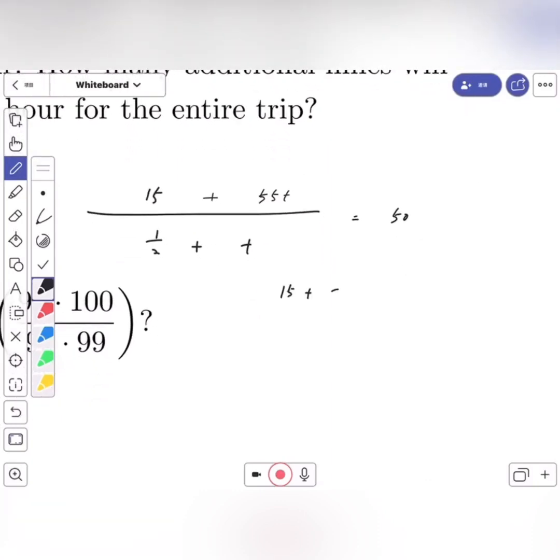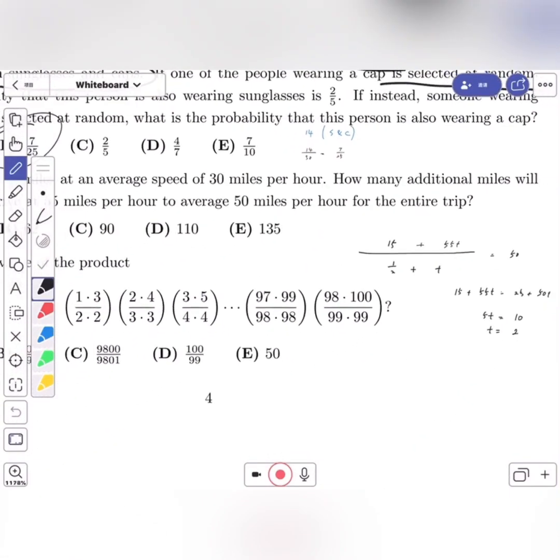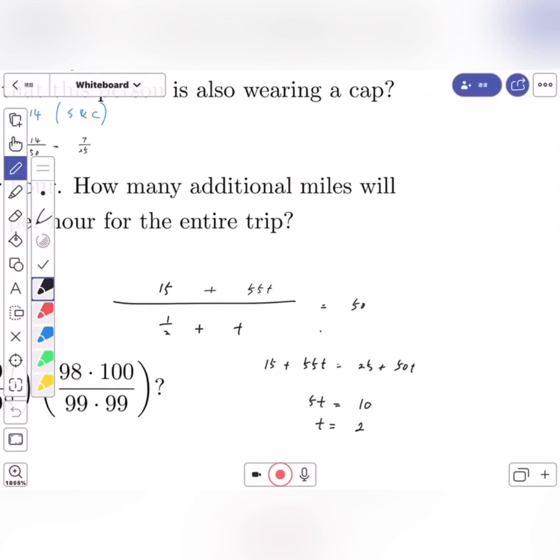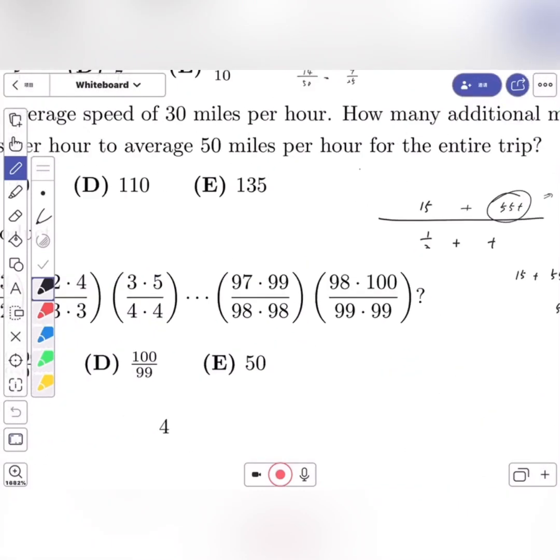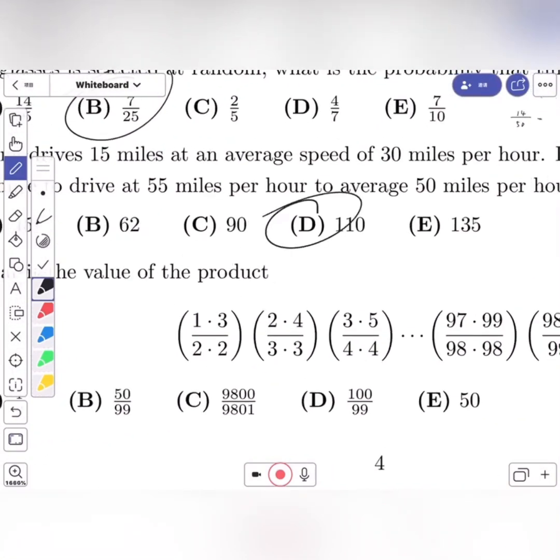So 50 plus 55t is equal to 250/3 plus 50t. From here, we get 5t is 10, so t is equal to 2. Then we want the number of additional miles, which is 55 times 2, giving us 110, which is our answer choice D.